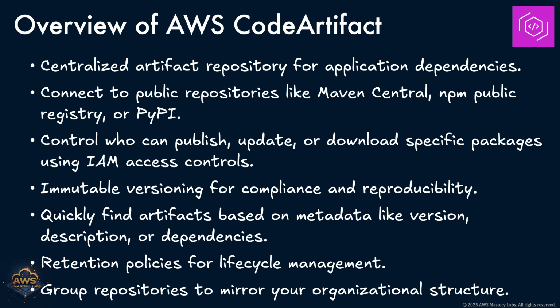You can define rules to automatically remove old or unused package versions, helping you optimize storage and stay within compliance boundaries. Another important concept in Code Artifact is the idea of domains, which help you organize repositories along team or organizational boundaries. This allows different teams to work independently while still sharing common dependencies through a controlled and structured setup.